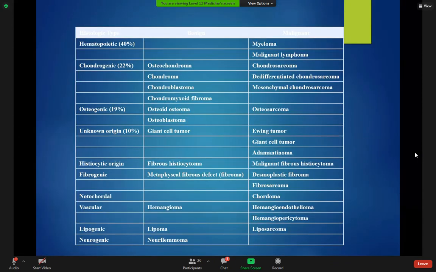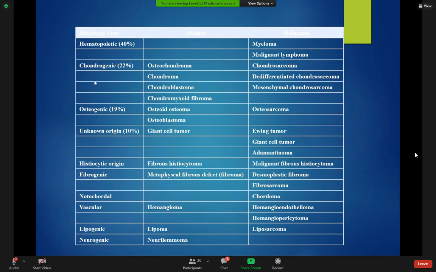So the primary bone tumors are defined or named after the cell of origin, as we mentioned. So might be from hematological origin, like multiple myeloma or lymphoma, and can affect the bone.